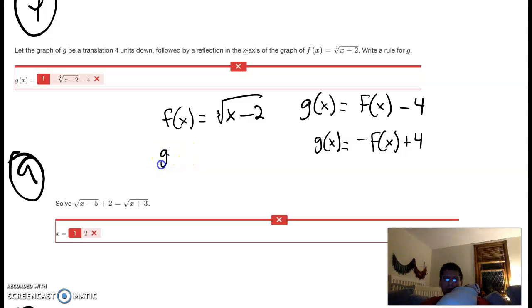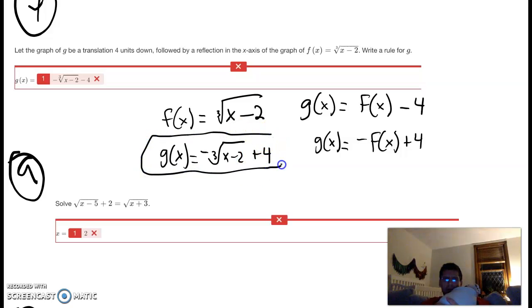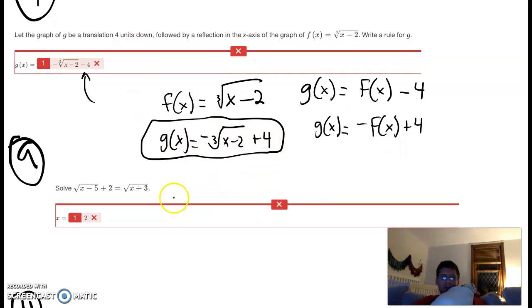So g of x, if I plug in f of x into this, I would get negative cube root of x minus 2 plus 4. I see this answer here, put the plus 4, but because we're doing the shift down first and then the reflection, it reflects the shift down up also.